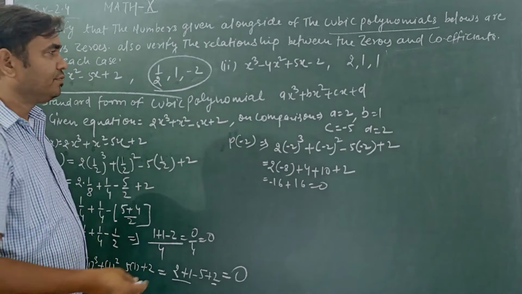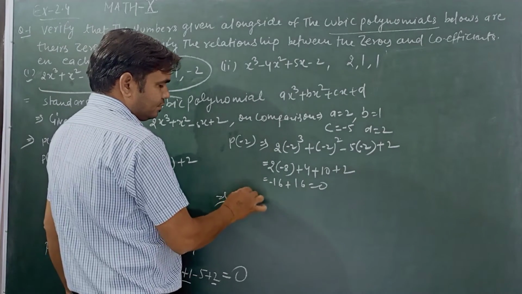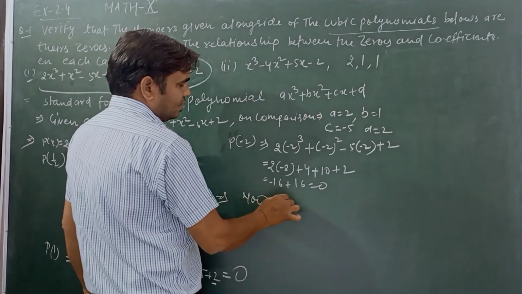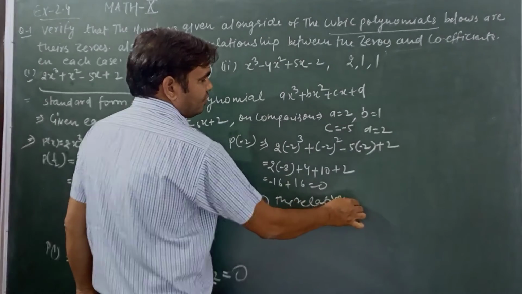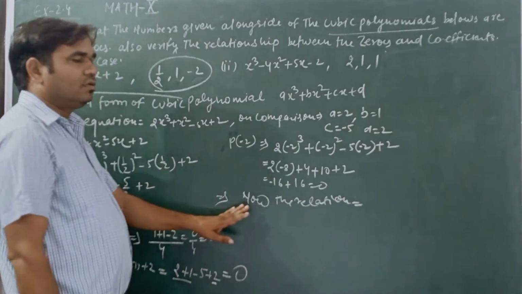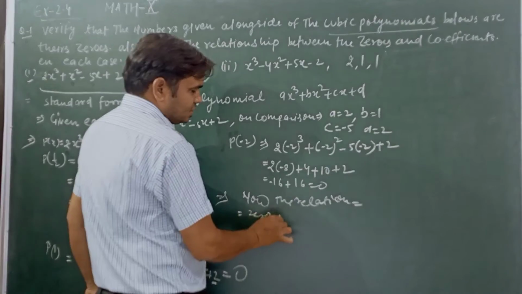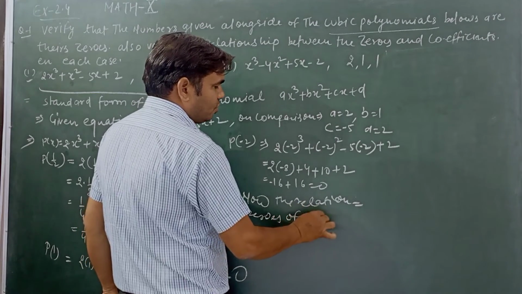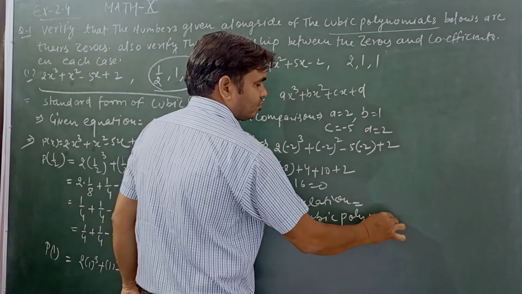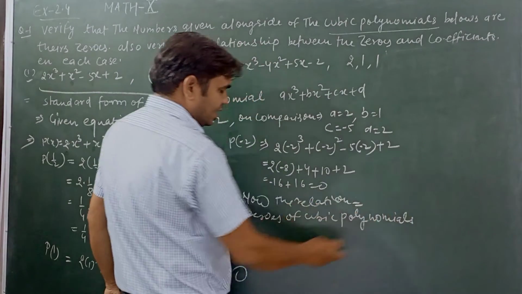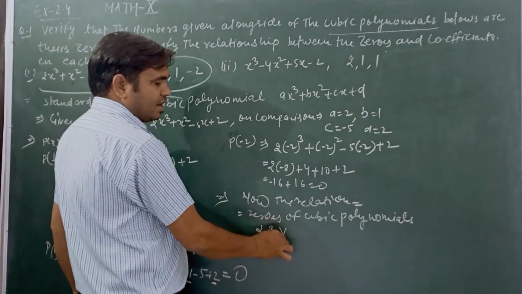Now we see the relation of zeros. Let the zeros of the cubic polynomial be alpha, beta and gamma.